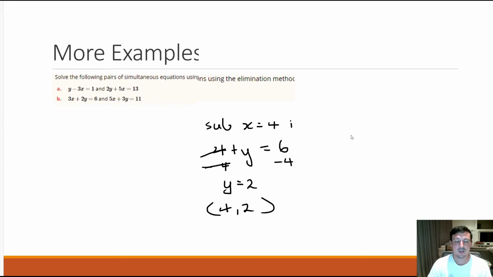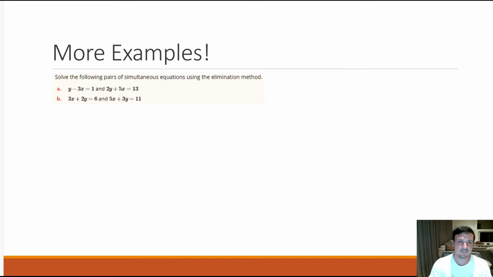We have two more examples that we're going to go through here. The first one, we have y minus 3x equals 1, 2y plus 5x equals 13. What we notice here is if we look at the y's, we have y and 2y.